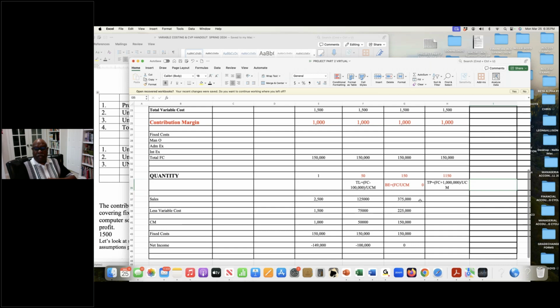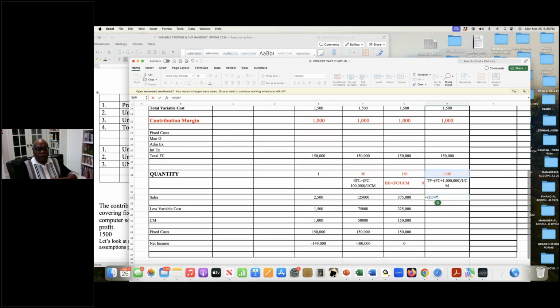So we know that what? Our selling price is going to equal what? Our total sales. We're going to do the same thing we were doing before. We're going to multiply the 1,150 times the 2,500, and we get 2,875,000.